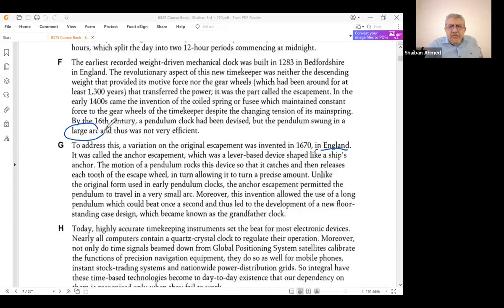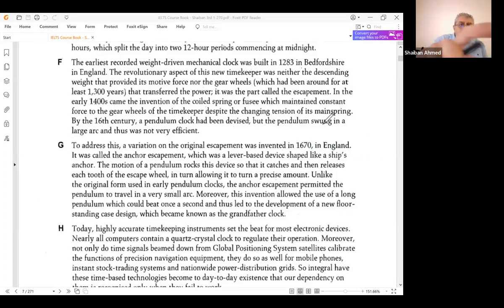Wait, we already answered this before. Moreover, this invention allowed the use of a long pendulum which could beat once a second. This led to the development of a new floor standing case design. Even the English will be floor standing. They developed a new cabinet shape for a type.